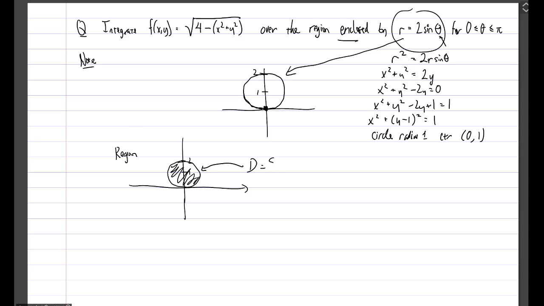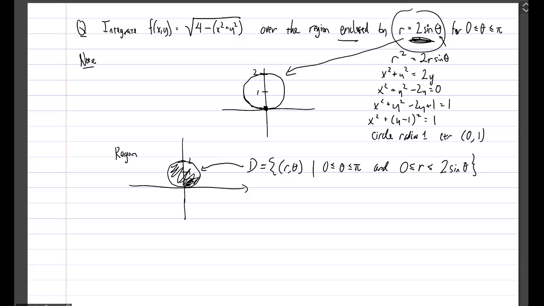And so the region itself is going to be the set of all points of the form r theta, where theta, as we had already discussed, should go from 0 to pi, while r starts at 0 at the smallest, because we've got points close to the origin, and goes up to 2 sine theta.